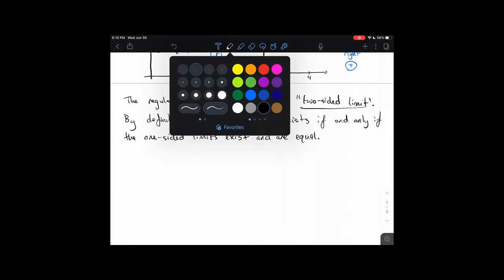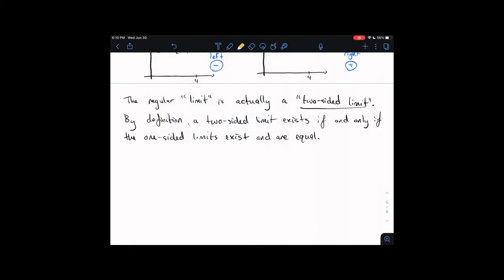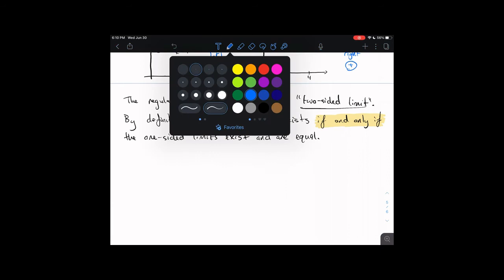So what does this mean, if and only if? This is a math term. You don't really need to know the exact logical definition of it, but I'll tell you what it means in this situation.